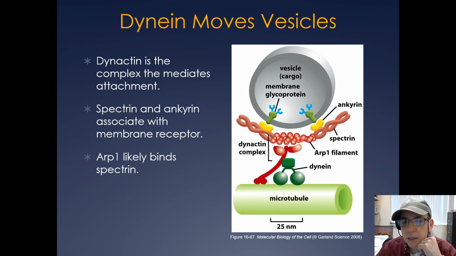We saw before that ARP2 and 3 were involved in nucleation of actin filaments, so this is another actin-related protein. It's widely believed that the ARP1 protein binds to the spectrin to help assemble this complex, and this can move vesicles down the microtubule in the minus direction.